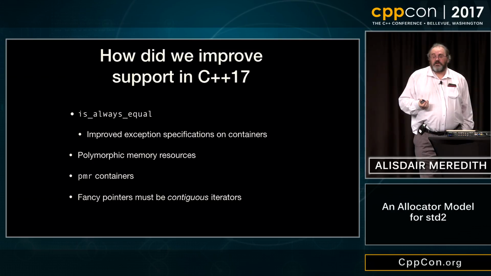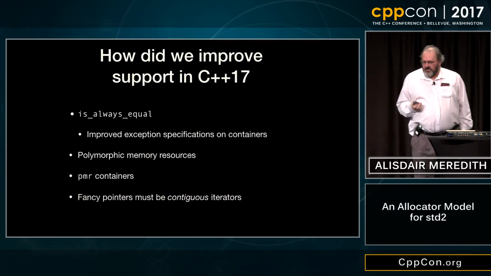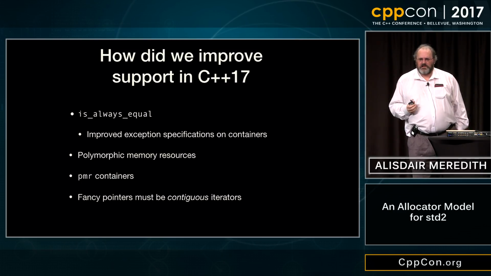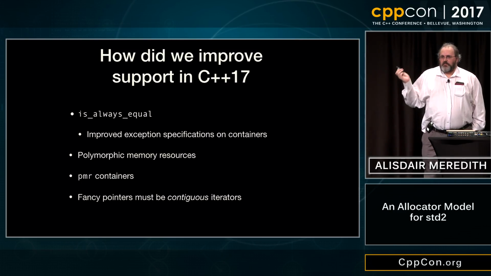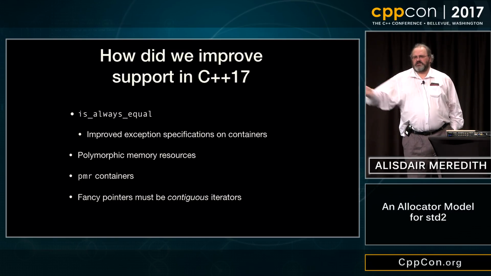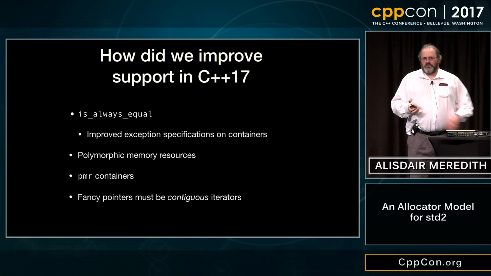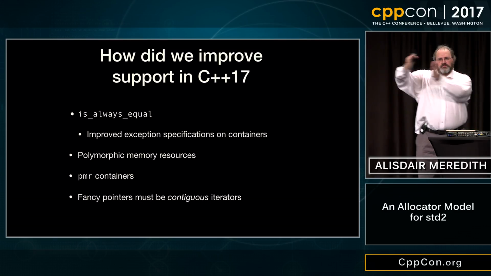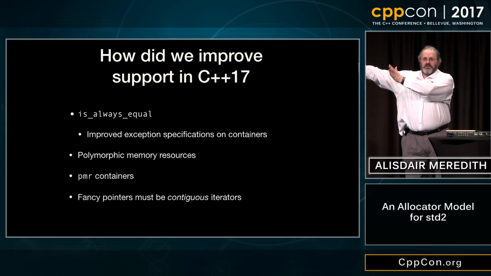And the final tweak we did for C++17, not that relevant for this talk, but I'm trying to be complete, is we now require that when you use those fancy pointers for special memory regions, the pointers they return have to be contiguous iterators. We used to have the notion that perhaps, in a secure system, you might want to actually have a security cookie or something between each allocation.